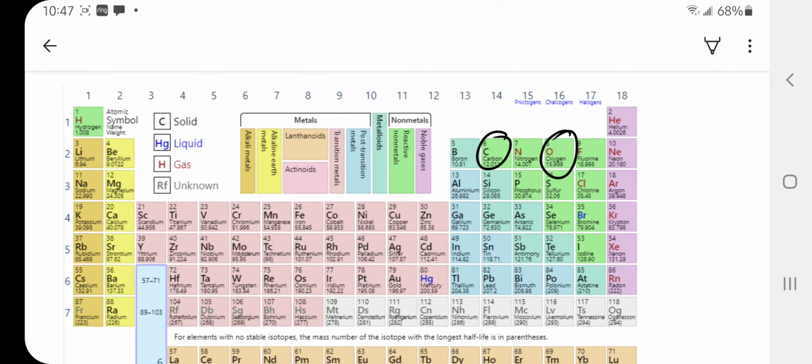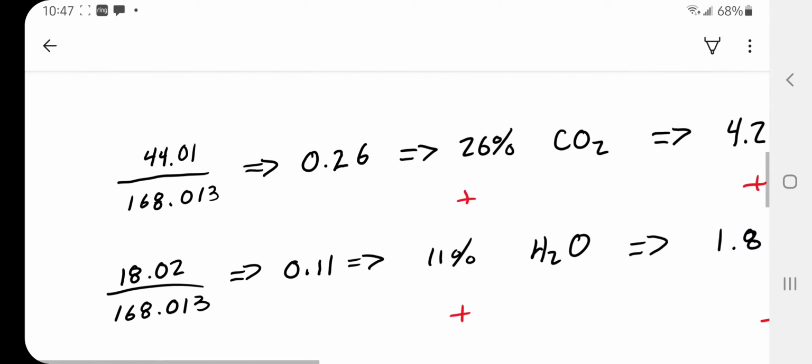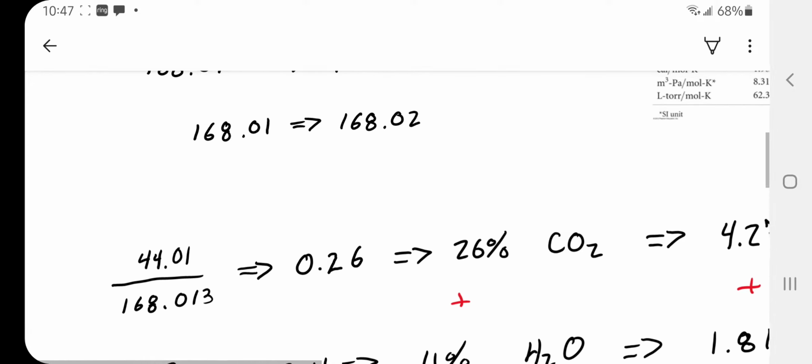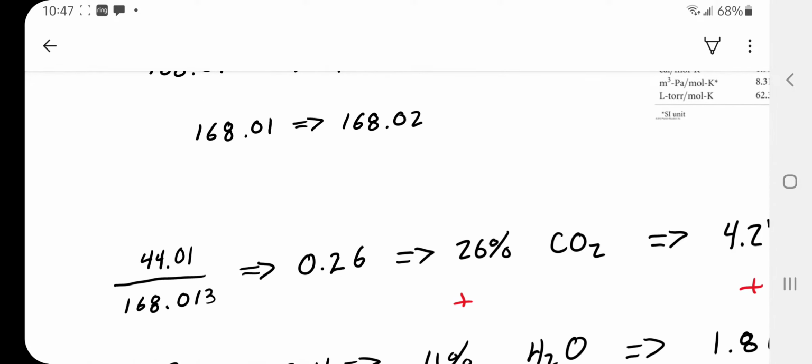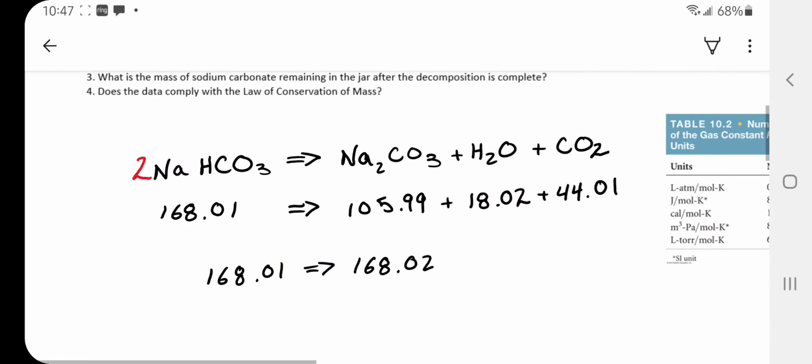And in doing so, we can find the atomic mass of carbon dioxide, which is 44.01. And then we divide by 168.013, which is what we got from right here.